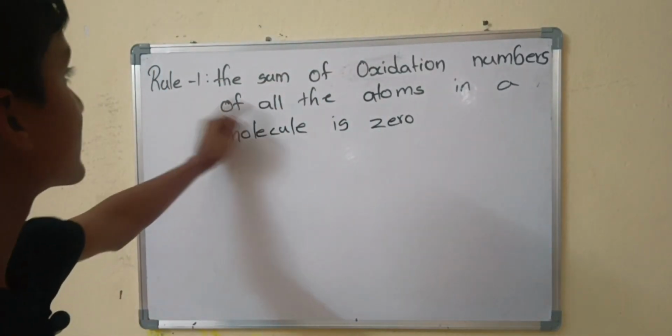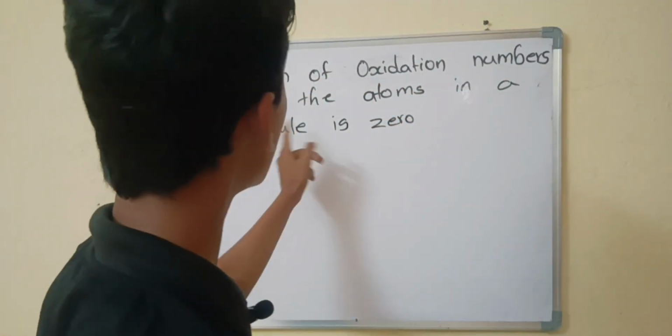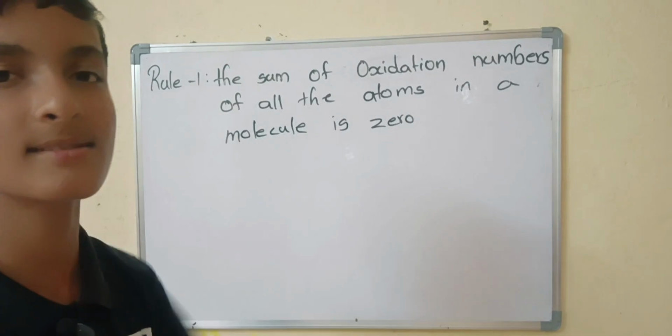Clear? The sum of oxidation numbers of all the atoms in a molecule is 0.